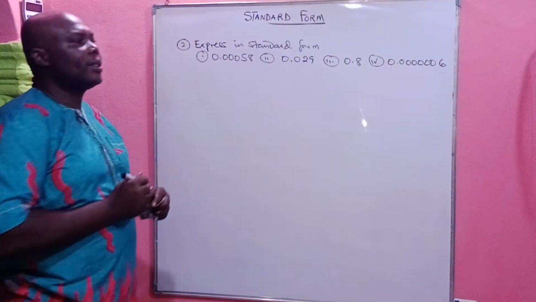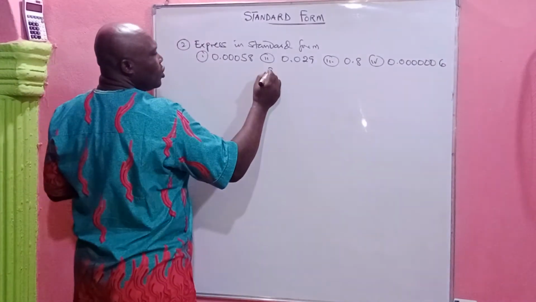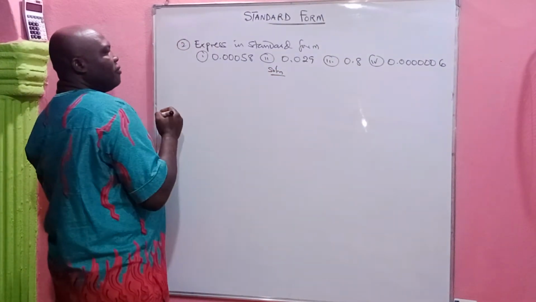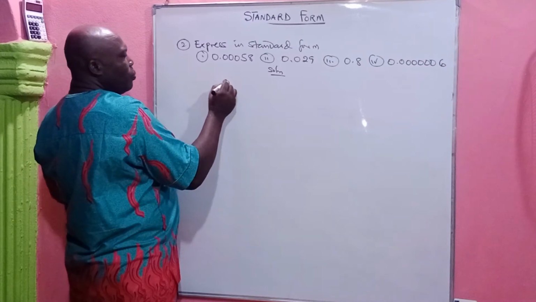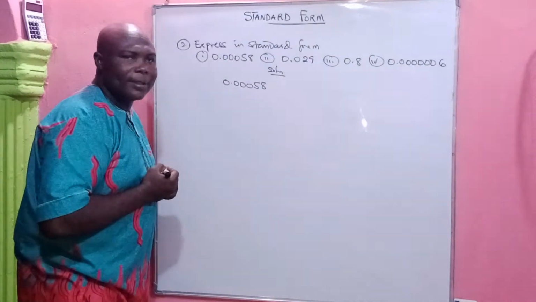Want to express this in standard form. How do we handle that? Solution. So we have the first one, 0.00058. We want to express in standard form.